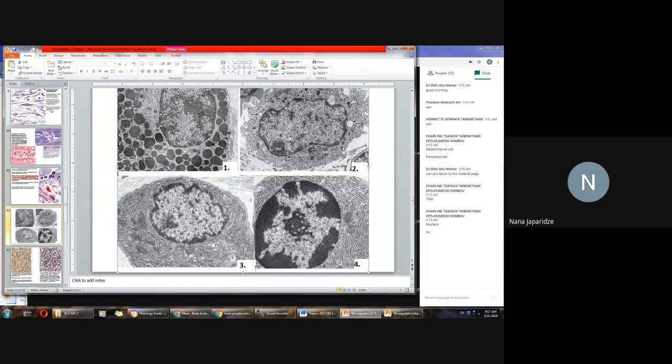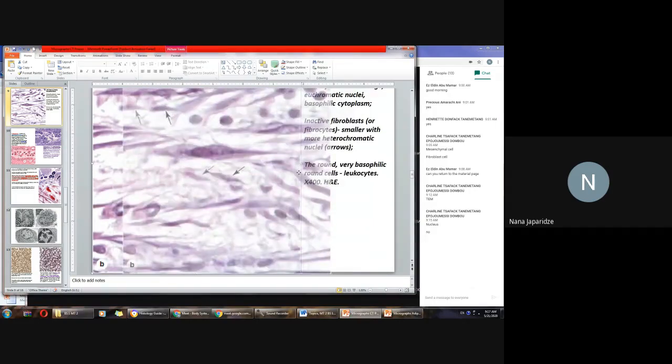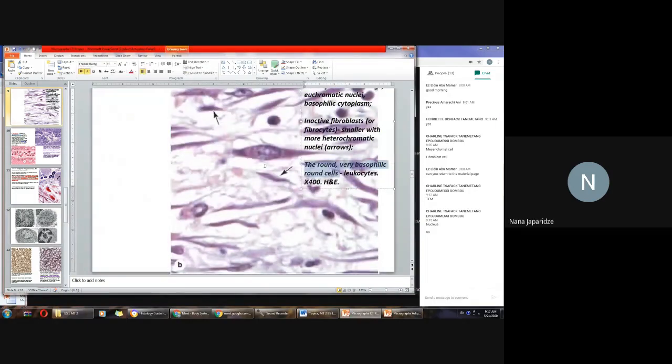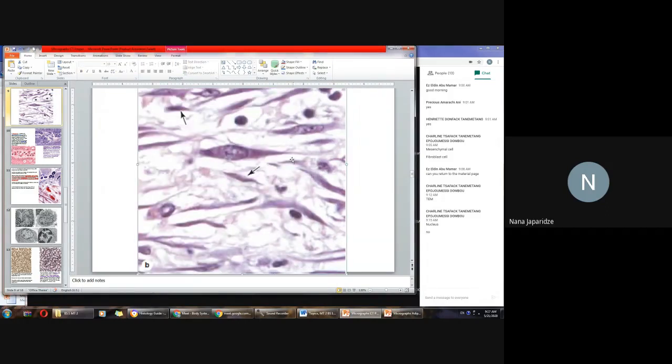so let's go to this image. Look. So what you see here, what is this cell?